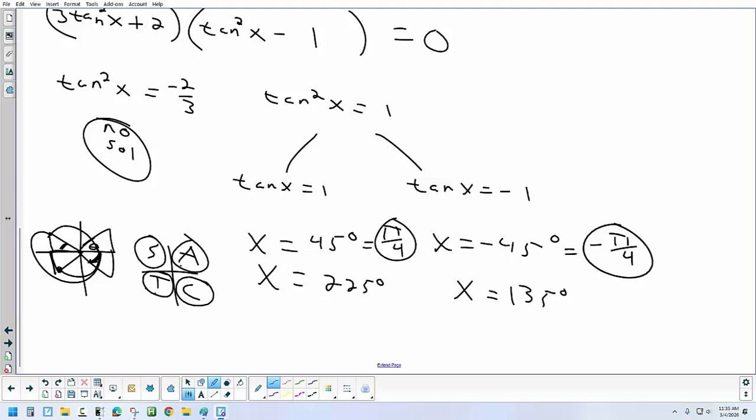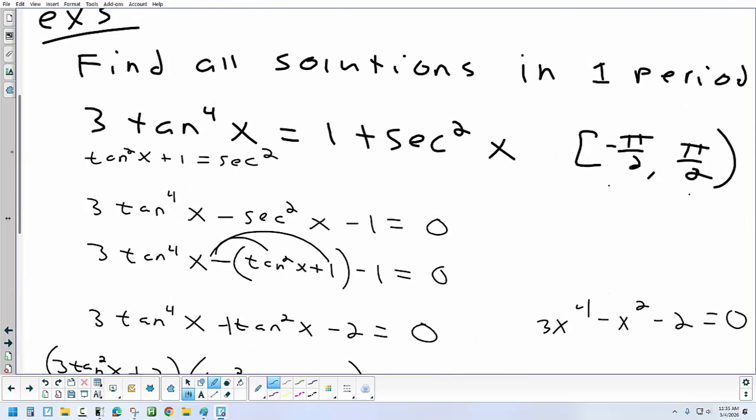Negative pi over 4. 5 pi over 4. And yeah, because that's 45 times 5, and this is 45 times 3. So those are all the answers we get, but they specifically said only write the ones between -90 and 90.